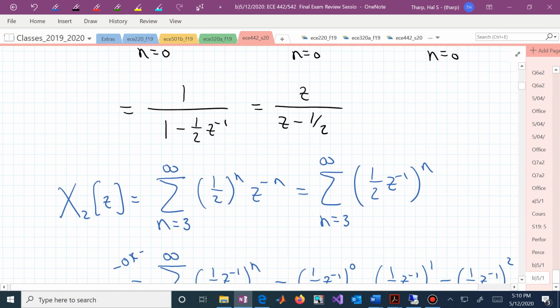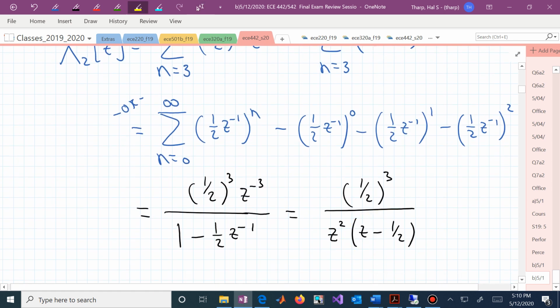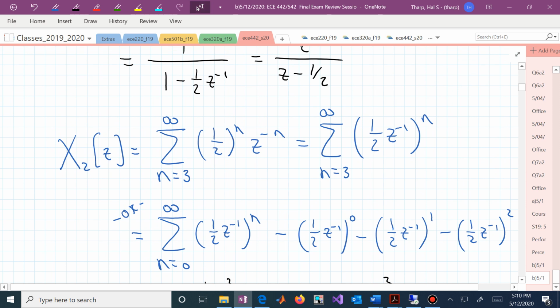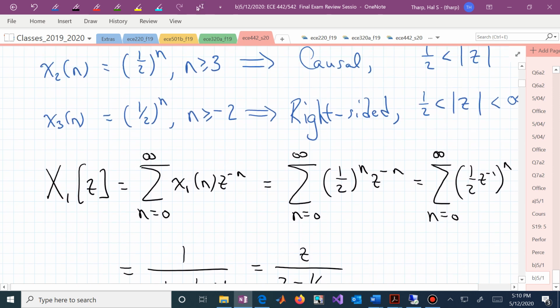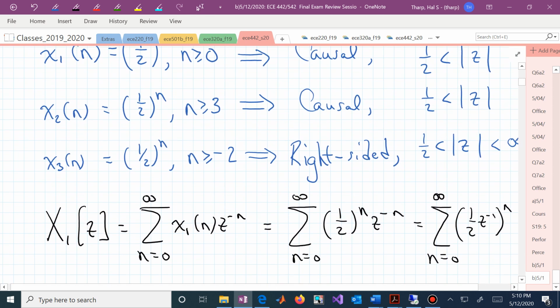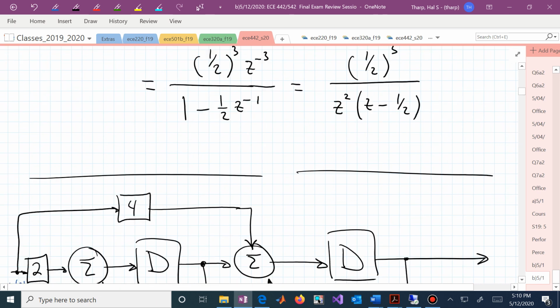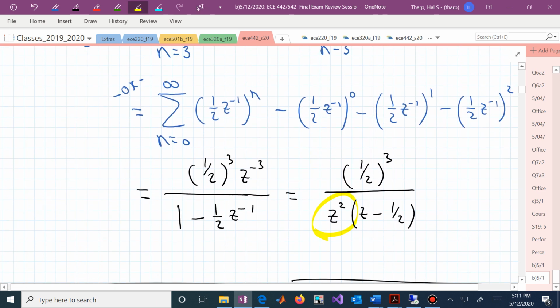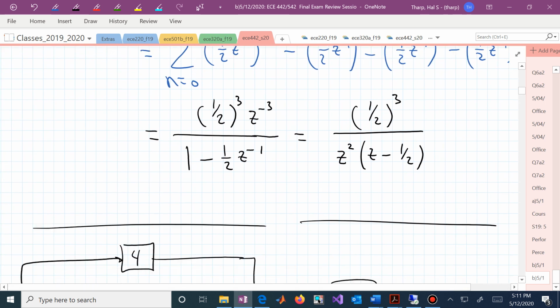So you would expect that factor to be present here because we had delayed in x sub 2 the start by a few indices. That's now giving rise to this additional delay term, depending on how you write it. You can write it upstairs or downstairs. That's why that now appears in that expression.